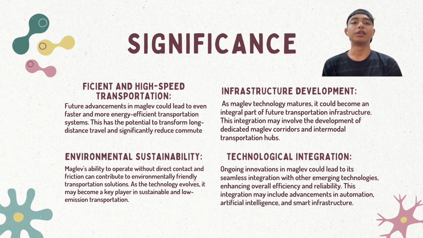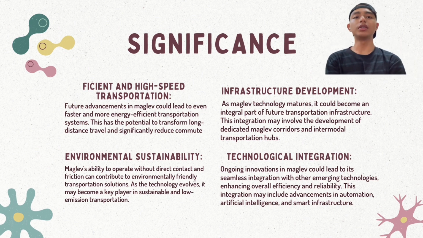Secondly, environmental sustainability. Maglev's ability to operate without direct contact and friction can contribute to environmentally friendly transportation solutions. As the technology evolves, it may become a key player in sustainable and low-emission transportation. Thirdly, infrastructure development. As maglev technology matures, it could become an integral part of future transportation infrastructure.